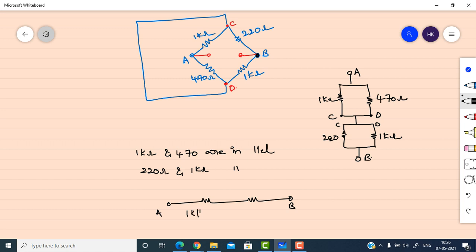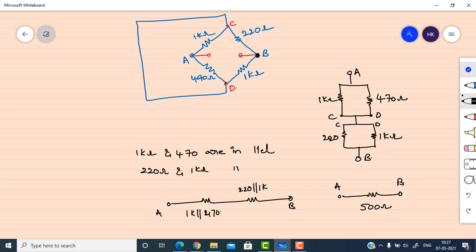So 1K parallel with 470 and this is 220 parallel with 1K. These two series, so the equivalent resistance is 500 ohm. Between A and B terminals, the equivalent resistance is 500.